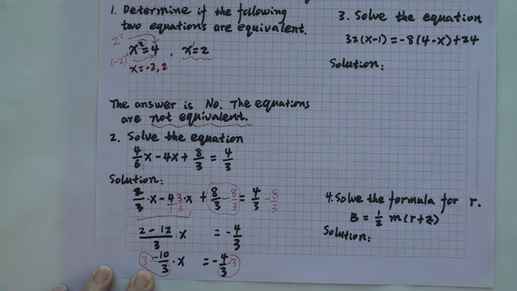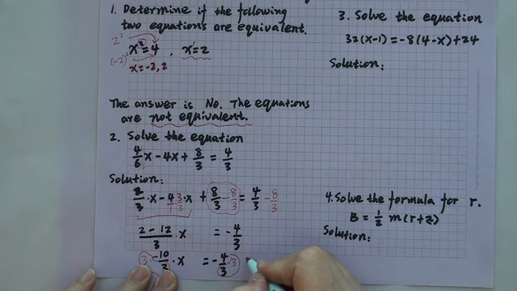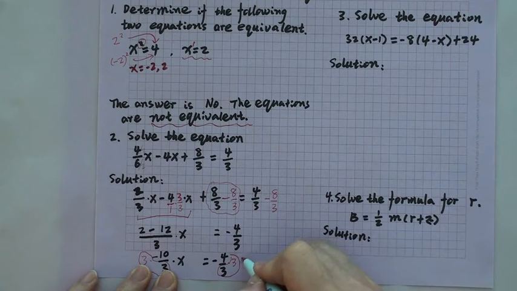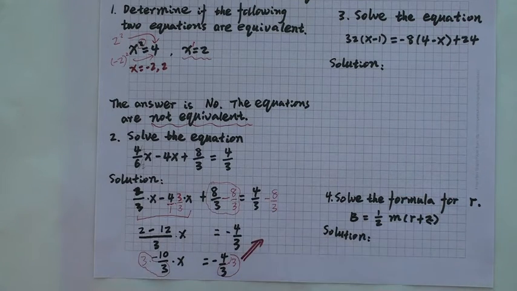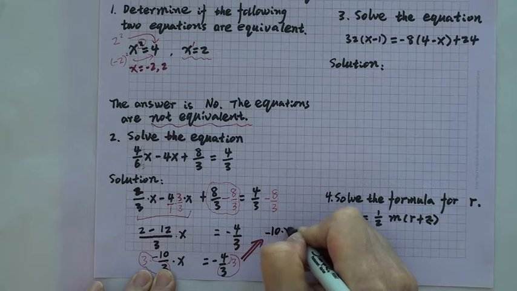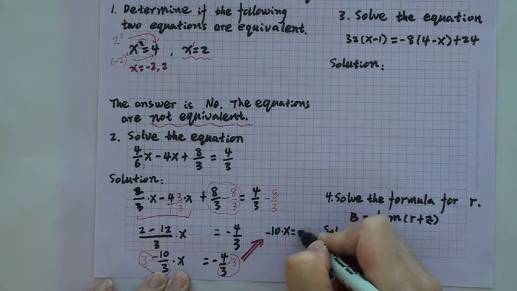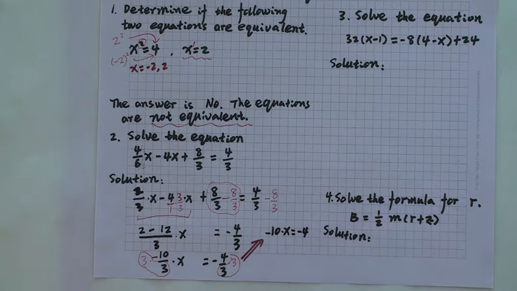Then you have the equation like this: -10x on the left, and -4 on the right.